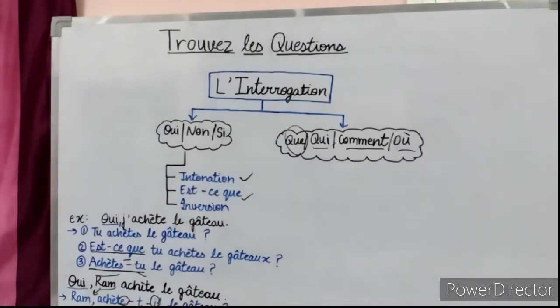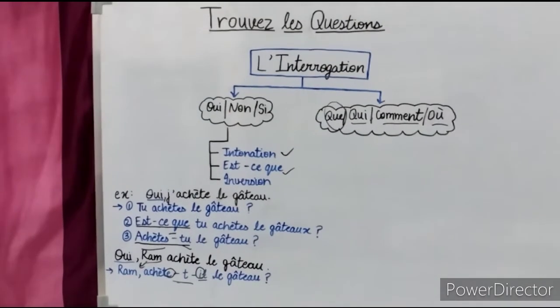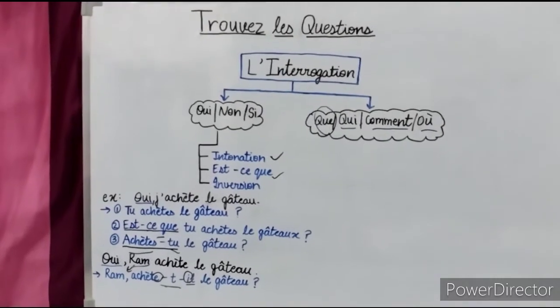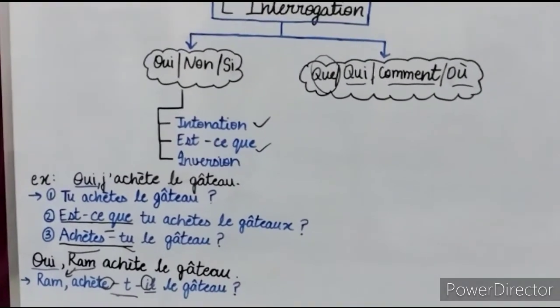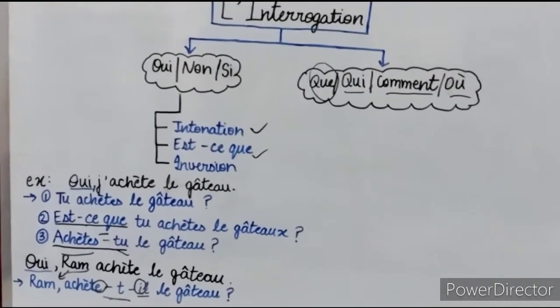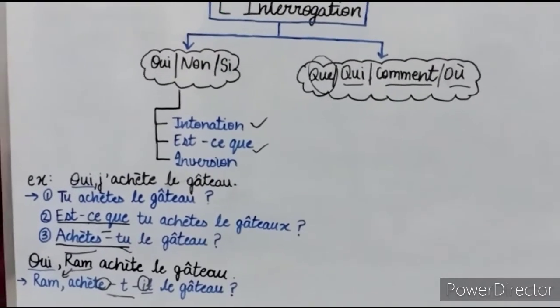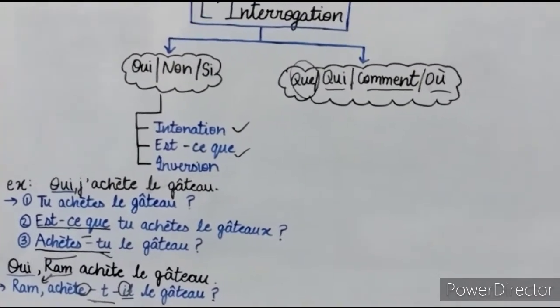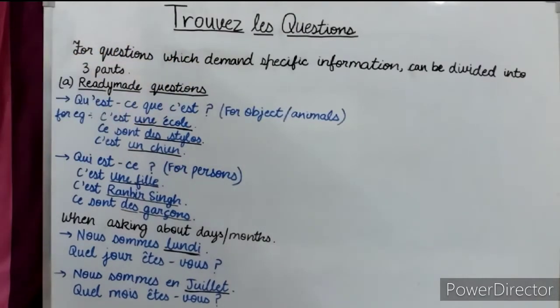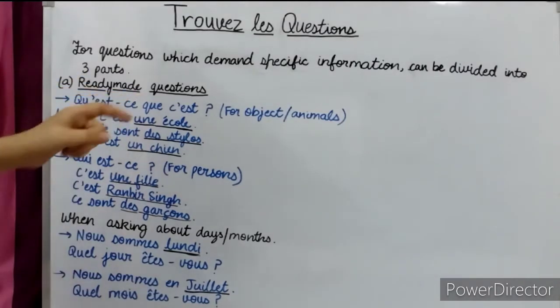So here we have seen two examples. In the first example, I have shown you the three methods of interrogation, and in the second example I have shown you how to do inversion. Questions which demand specific information can be divided into three parts. First is ready-made questions.